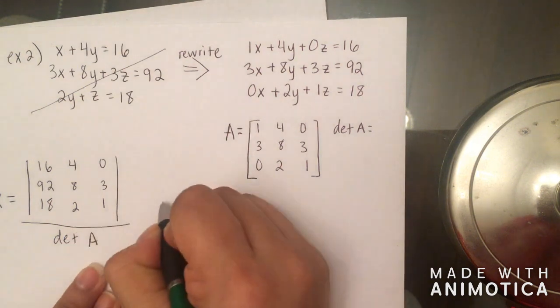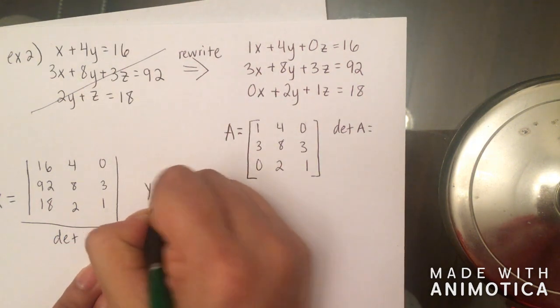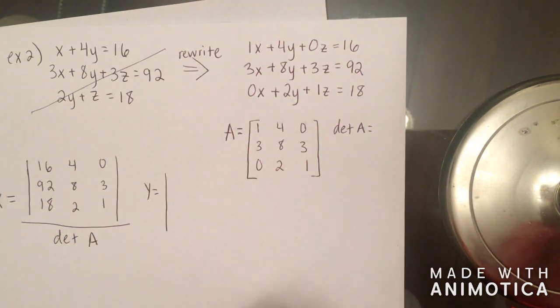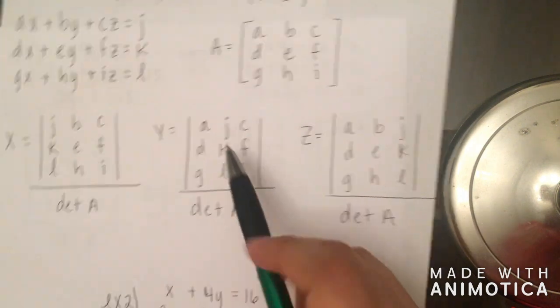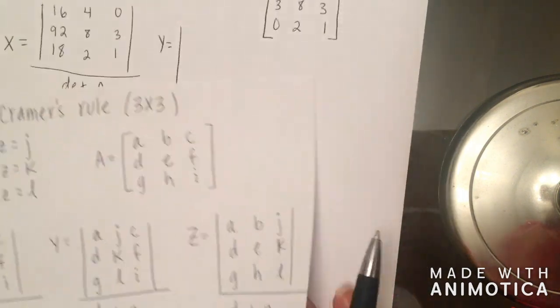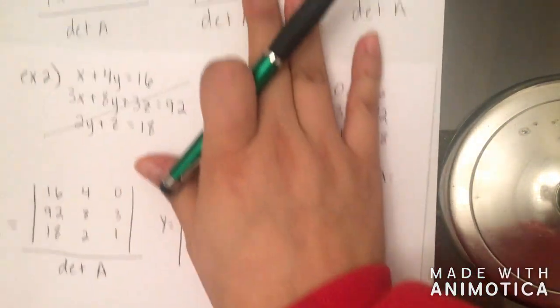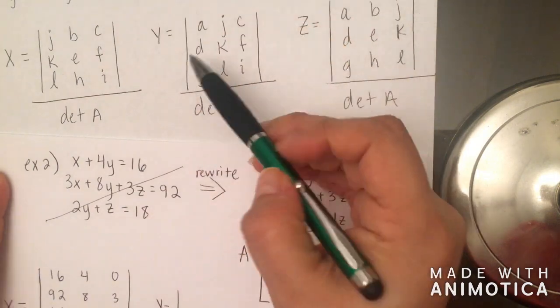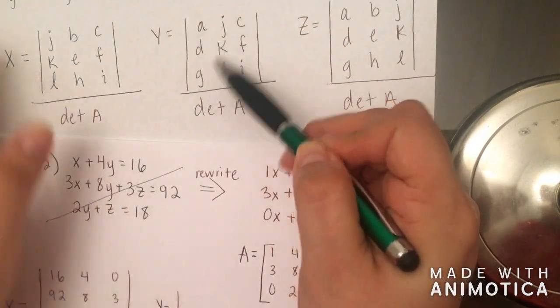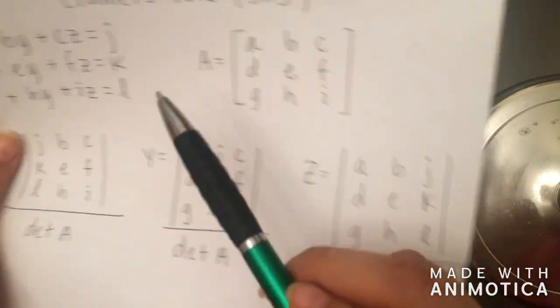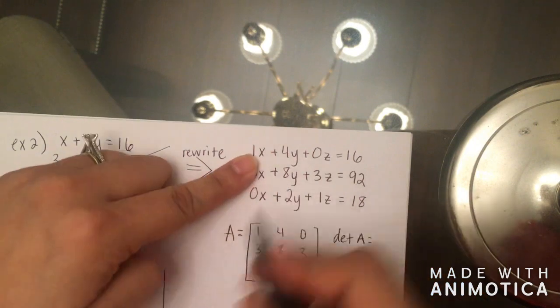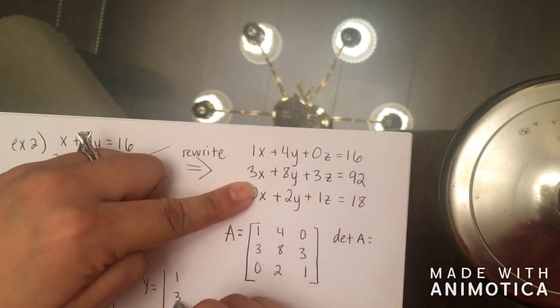Okay, so now y equals the determinant, and I'm just following this again. So to get y, it's ADG. ADG comes from the coefficients in front of the x's. So that is 1, 3, and 0.